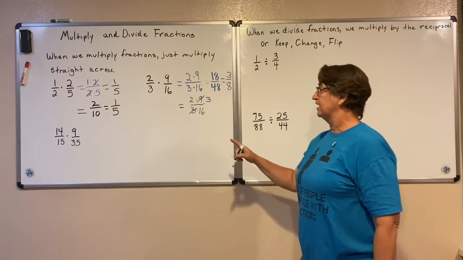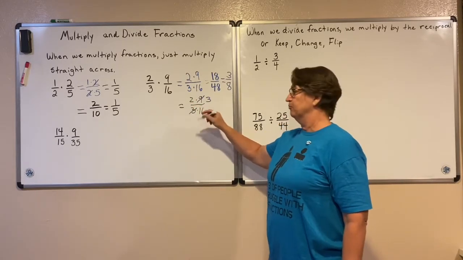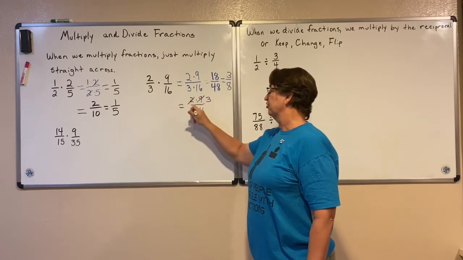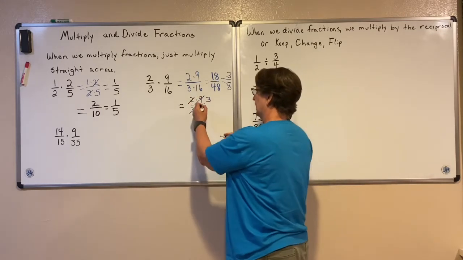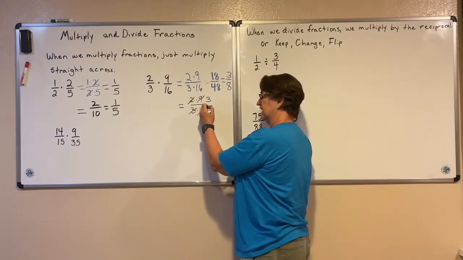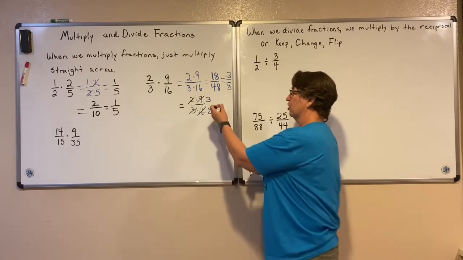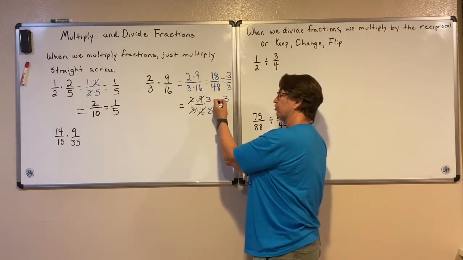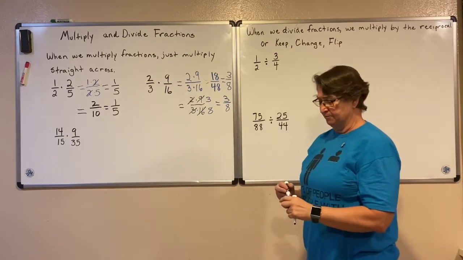And notice that 2 is a factor on top and 2 is a factor on bottom. So I could reduce that here so that 2 goes into 2 1 time and 2 goes into 16 8 times. Then when I multiply straight across, I still end up with that 3/8. So either way, I end up with 3/8.